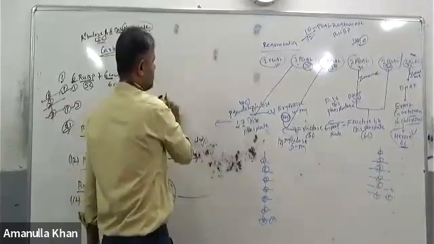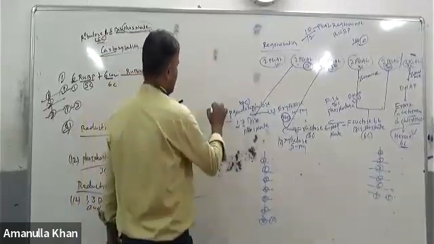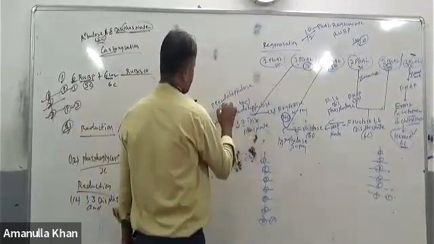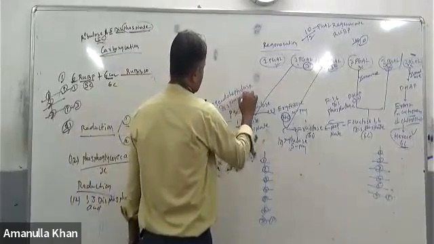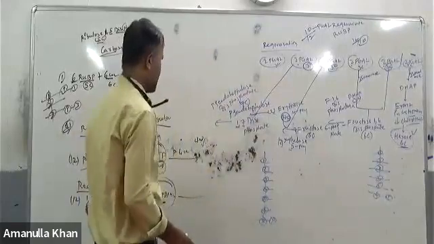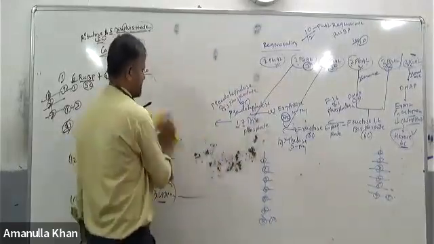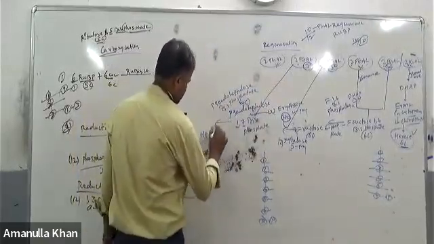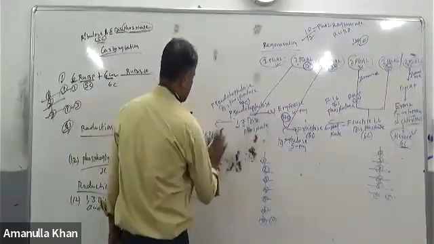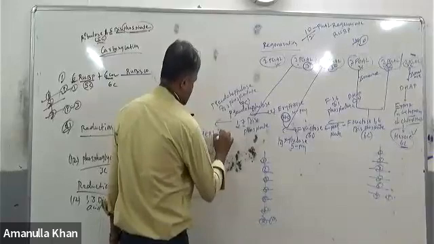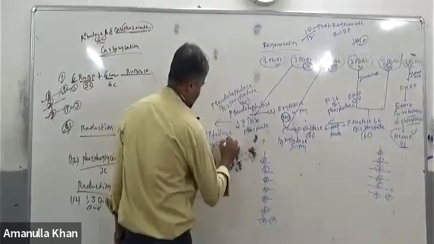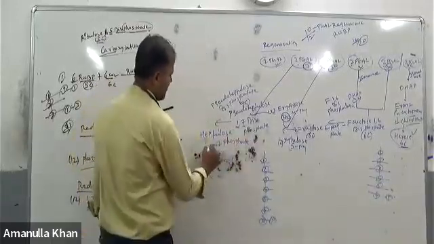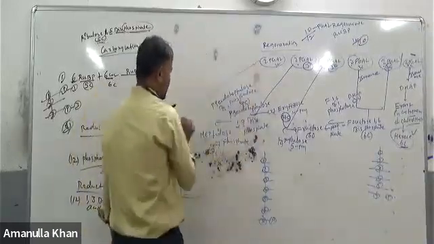That is the enzyme name. Now the product is heptilose 7-phosphate.